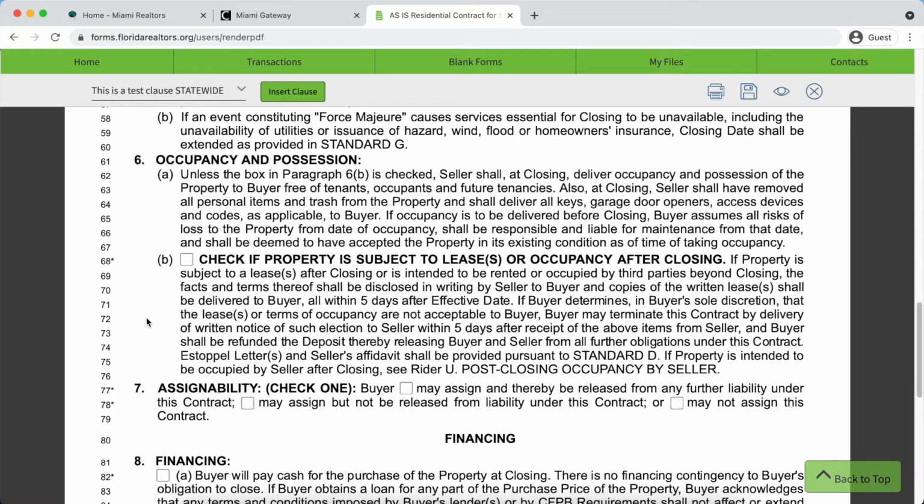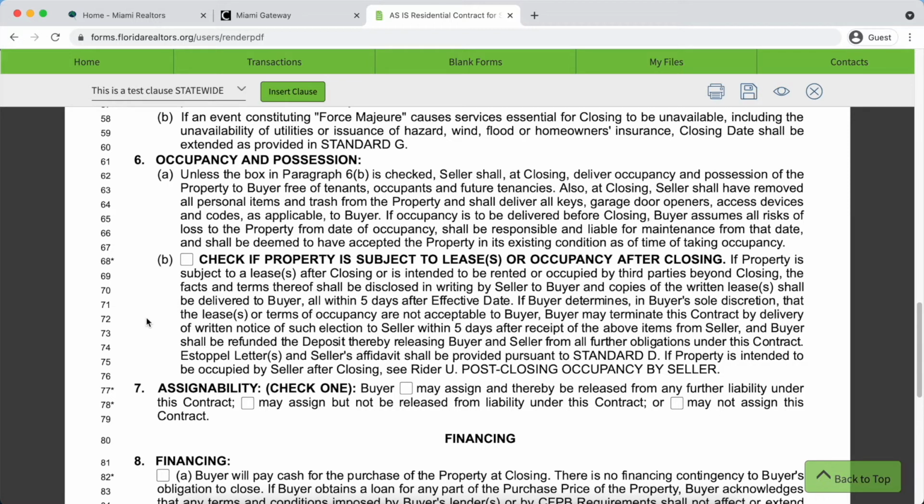On B, if the property is subject to a lease or occupancy after closing, you have to disclose it. And this is quite common, where you'll have someone living in a property, they've got a couple months left on their lease, or 2, 3, 4, 5, 6, whatever the case may be. The buyer wants the property, he wants to live in it, or he wants it as an investment, but it's subject to a lease.